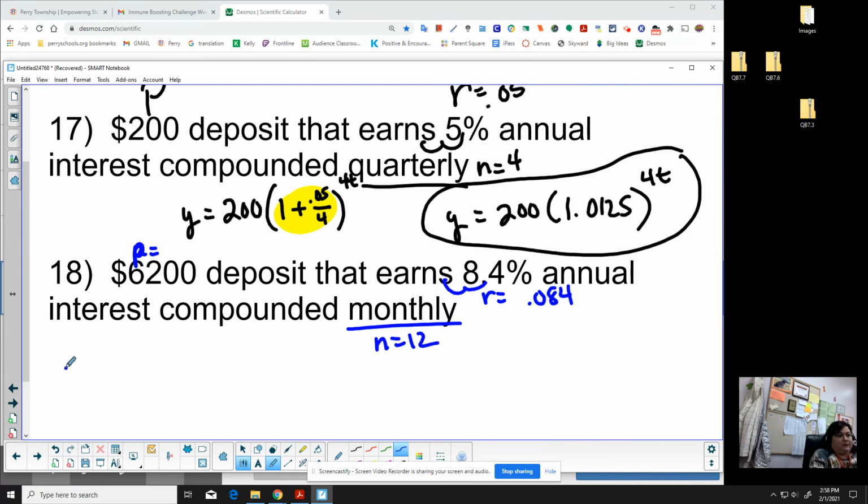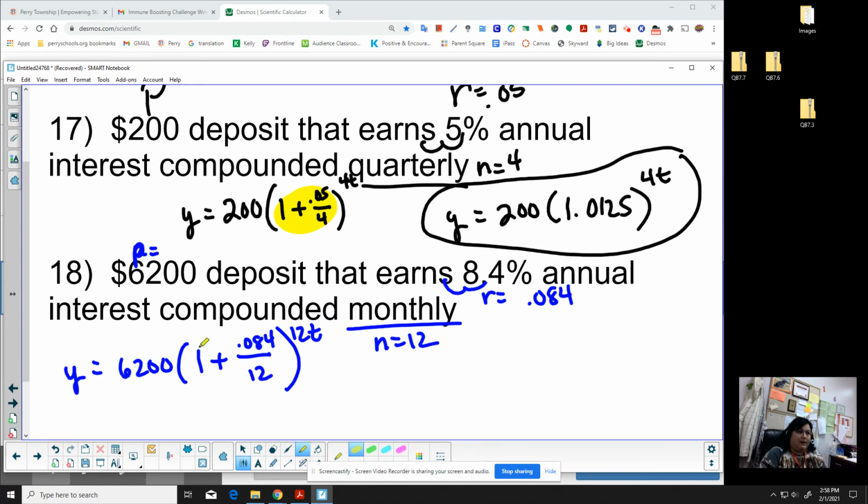Okay, so if I use my same formula, 6,200, 1 plus 0.084 over 12 times 12t. So I'm just going to put this part right here into the calculator. I hope that's what you did too.